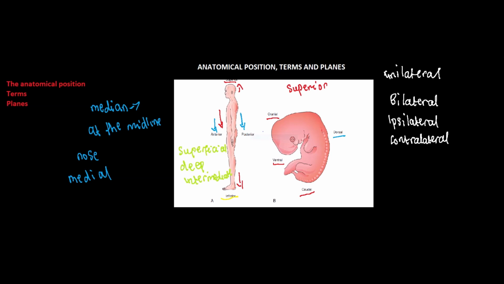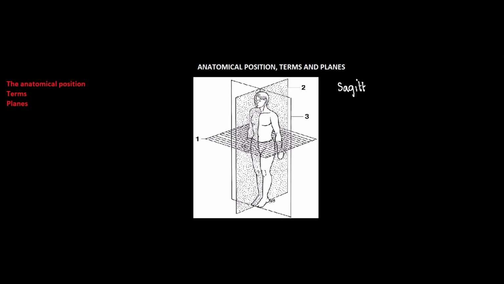So let's take a look at anatomical planes. The first anatomical plane we'll be considering is the sagittal plane. Now, the sagittal plane divides the body into left and right. There are two types of sagittal plane: the parasagittal plane and the mid-sagittal plane.